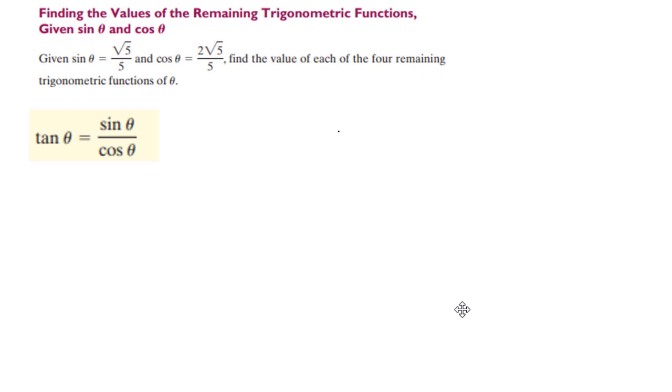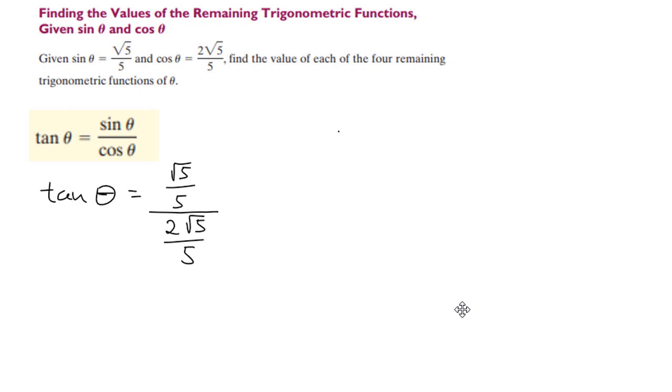Well, then I can say tangent of theta is equal to sine of theta, which is square root of 5 divided by 5, and cosine of theta, which is 2 square root of 5 divided by 5. How can we solve this type of division?